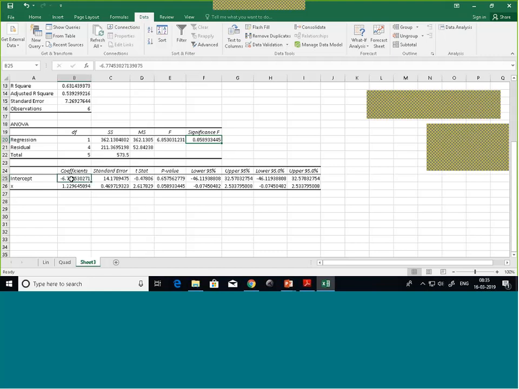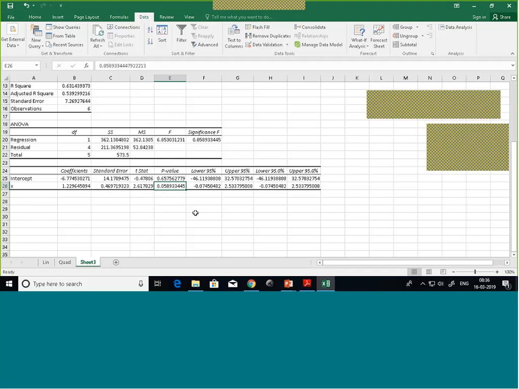Similarly, we go to the next table. We have an intercept and x, which means that this is B naught and this is B1. Yes or no? For B naught we calculated the standard error, and for B1 also. For B naught you calculated the T stat, and for B1 also, but we need only the T stat for B1. So what is the P value you got?